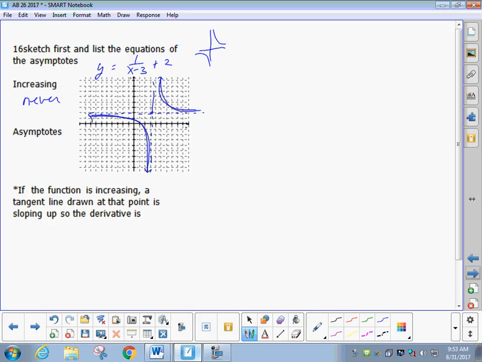Never. Asymptotes. 3 and 2, right? No. Equations of asymptotes are y equals 2 for a horizontal asymptote and x equals 3.